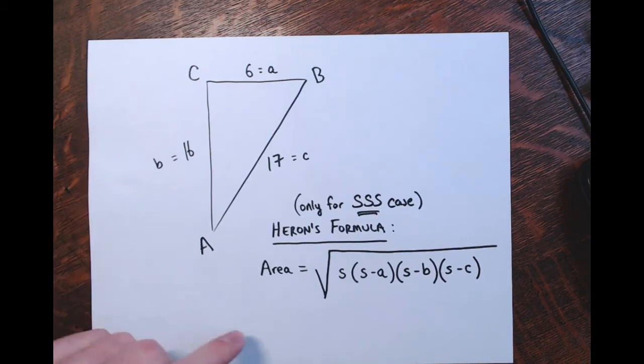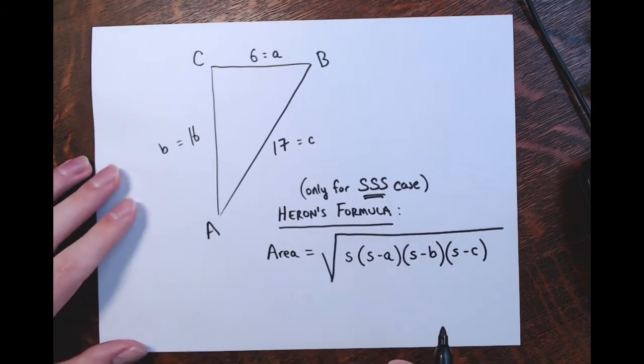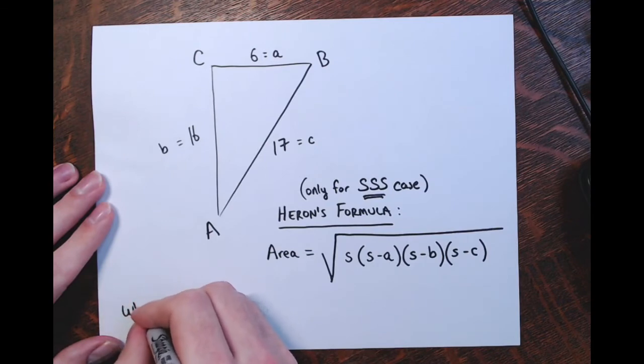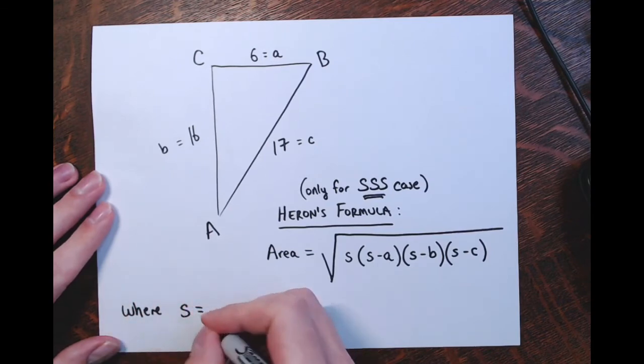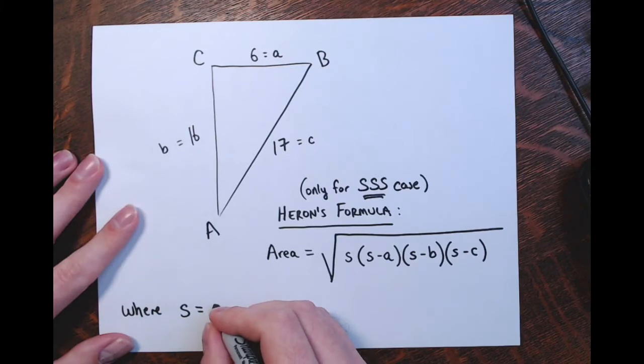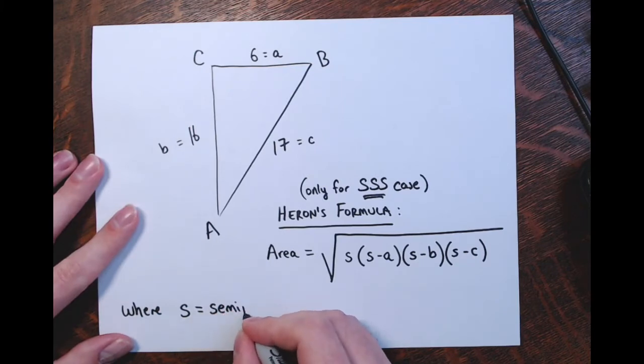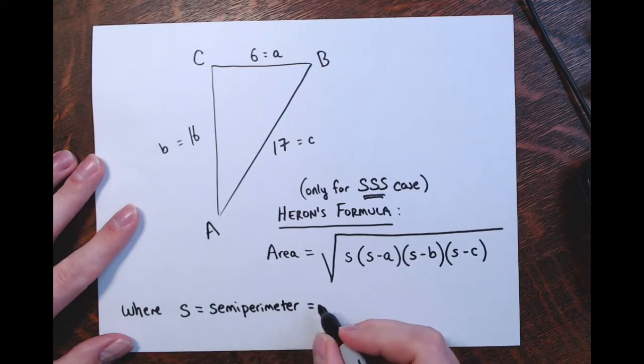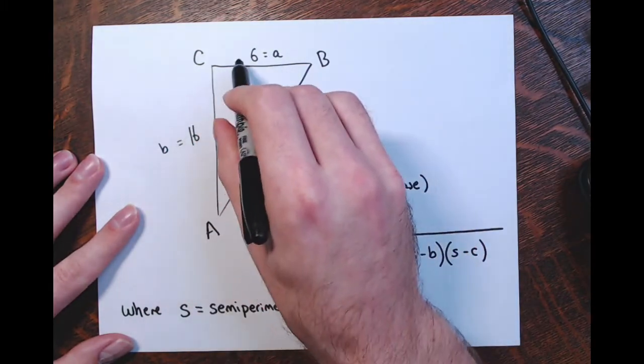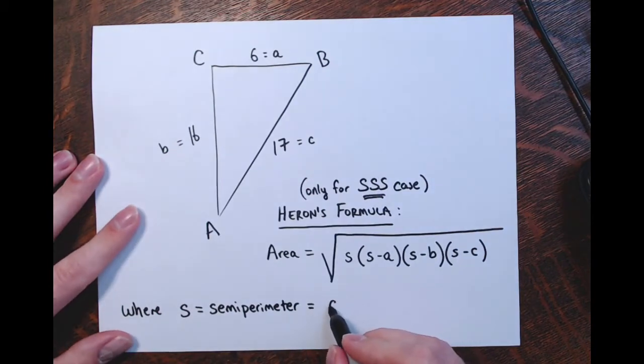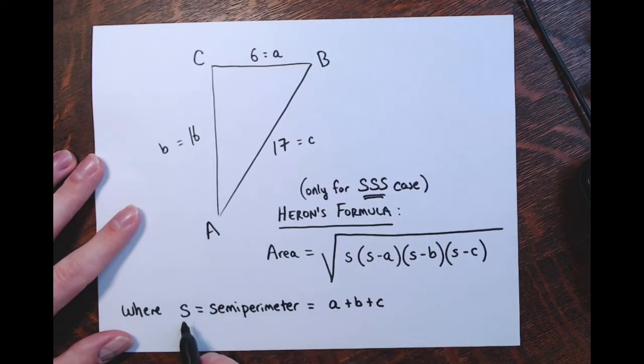Now you're probably asking, hey, what's this little s? Well, little s is called the semi-perimeter. Now you remember what perimeter is, right? Perimeter of a figure, of a polygon, is you just add up all the sides. So you take A plus B plus C. That's the perimeter. This S is half that, semi-perimeter.